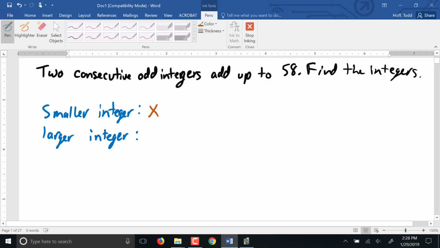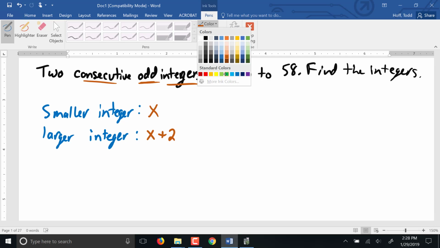The larger one, now if you recall yesterday when we said just simply 2 consecutive integers, it was x and x plus 1. But here it's 2 consecutive odd integers. So that would be like 5 and 7 or 11 and 13. So the second one has to be 2 larger for them both to be odd. So we've got x and x plus 2.